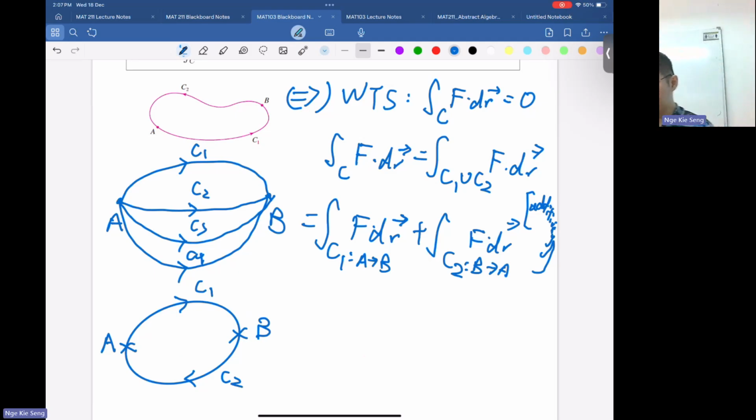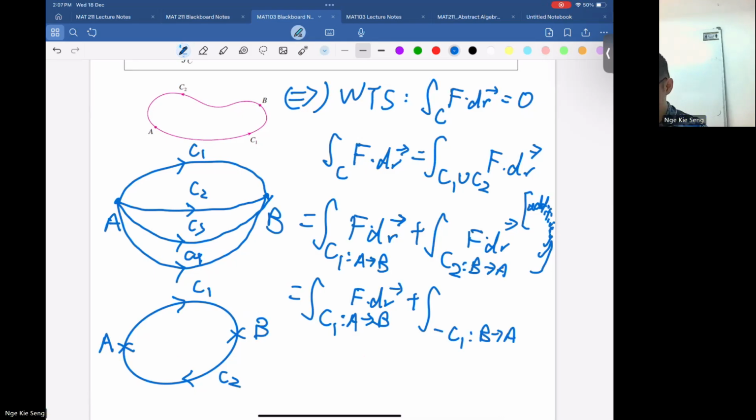Did you notice that maybe we can replace the second integral with the negative of C1, from B to A? Independent of path, minus C1 is also a path from B to A. So I can replace this path here, as long as my starting point and end point are the same, because it is independent of path.